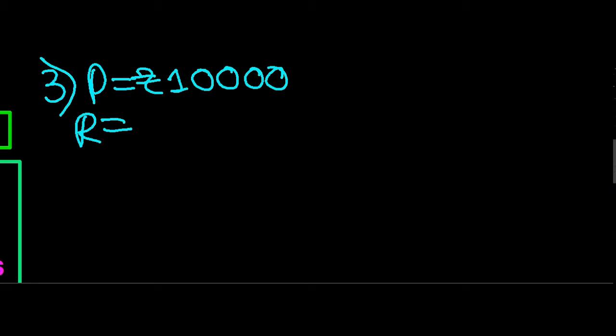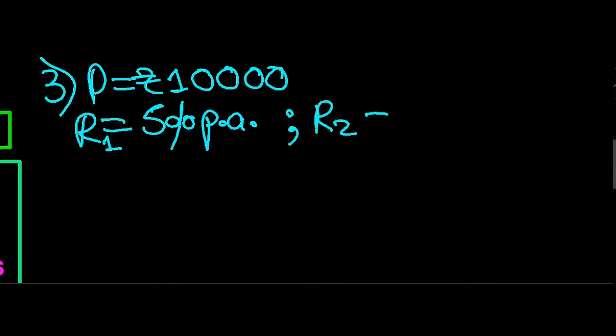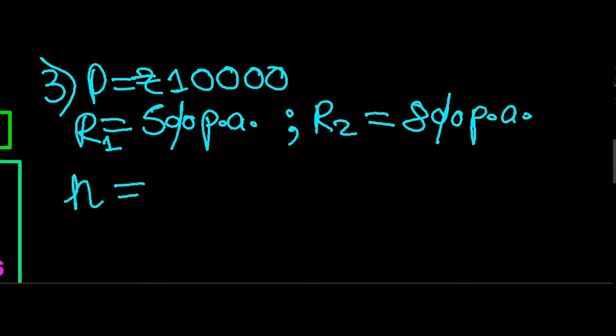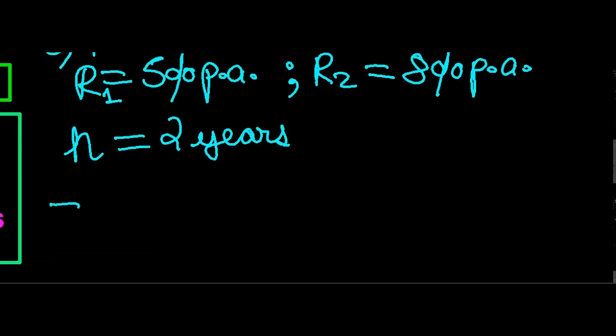R is equal to, actually we will write R1 as it shows the rate percent for the first year, which is equal to 5% per annum, and R2, the rate percent for the second year, which is equal to 8% per annum. Okay friends, and n, which is the time, is equal to 2 years.